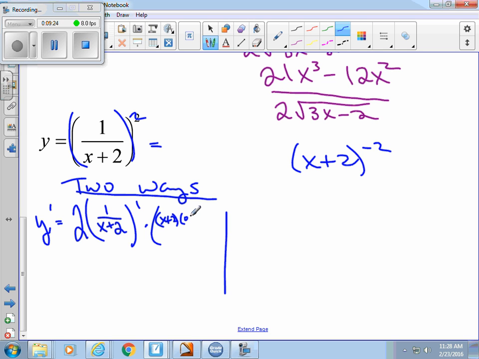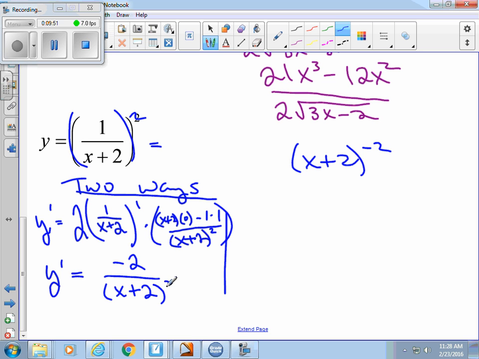Yeah, we'll do that in a minute. Minus high D low over low squared. It's a lot of work. It is a lot of work. -1 over x plus 2. So you end up with -2 over x plus 2 cubed.